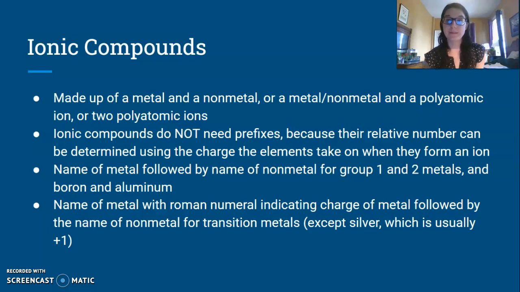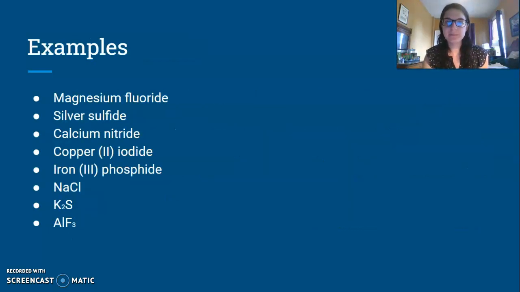Sometimes one element might have more than one possible charge as well. If you see silver, usually we don't have a Roman numeral because the most common ion of silver, and usually the only one that we ever see, is silver 1. So usually if silver is in there, it's just a charge of 1, but you won't necessarily see a Roman numeral. So here we have some examples.